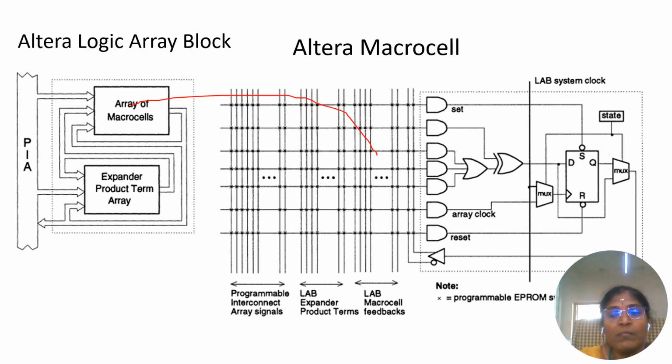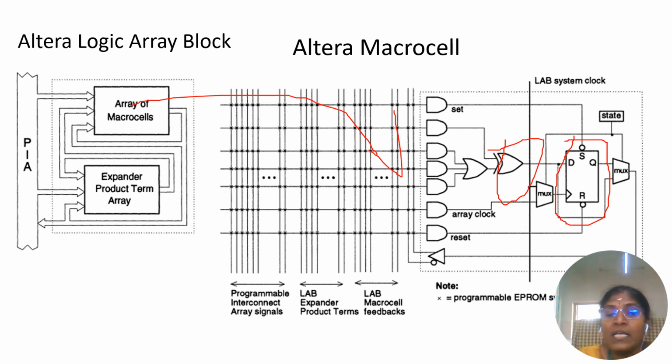This is the Altera macro cell. The macro cell consists of an exclusive OR and a D flip-flop. It has a set pin and a reset pin.